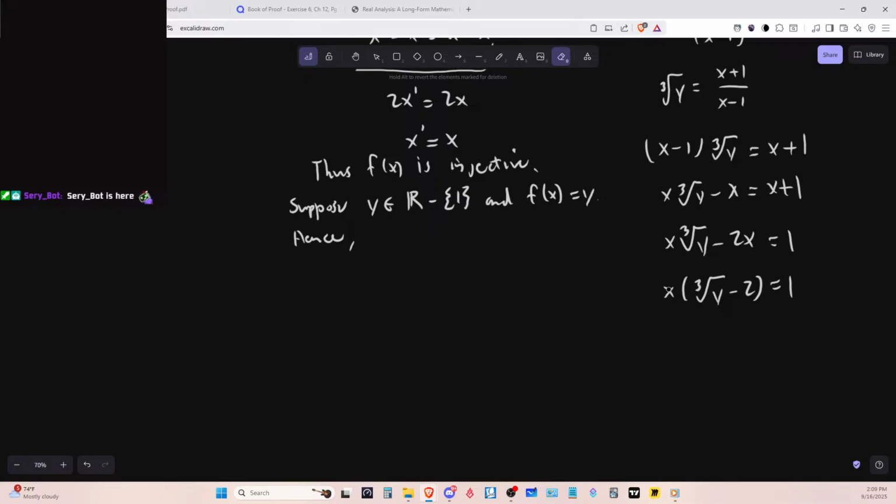Therefore, x is equal to 1 over y to the cube. So x is equal to, because minus this, and yeah, I think that's okay.